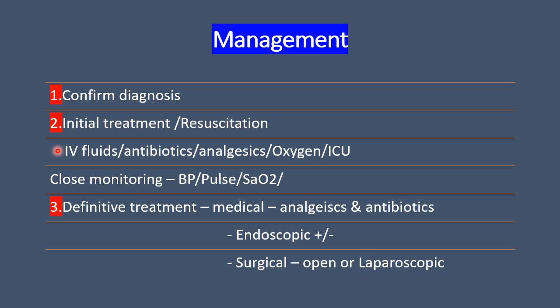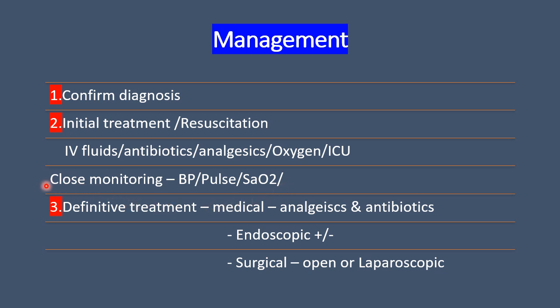If the patient shows signs of septicemia or infection, which is not there in this patient, you may have to admit the patient to ICU and give oxygen. In the process, you do close monitoring of the patient: blood pressure, pulse rate, oxygen saturation, and urine output.